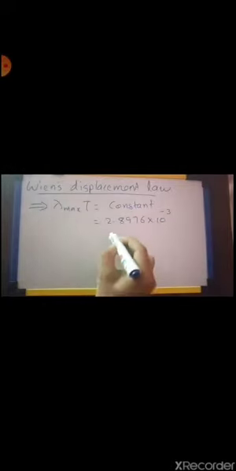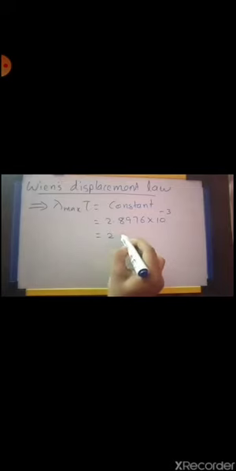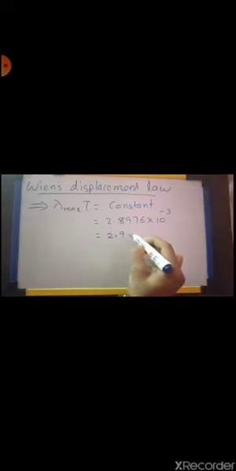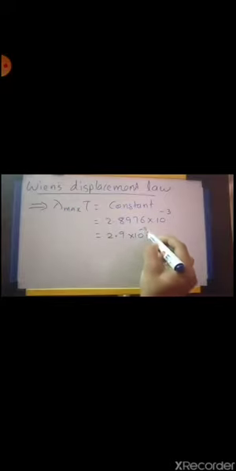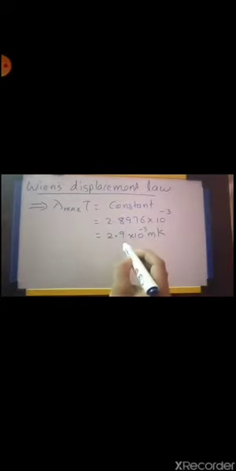That constant is 2.898 into 10 raised to minus 3, which is equal to 2.9 into 10 raised to minus 3 mK. mK means meter Kelvin. The unit of wavelength is meter, and that for temperature is Kelvin.